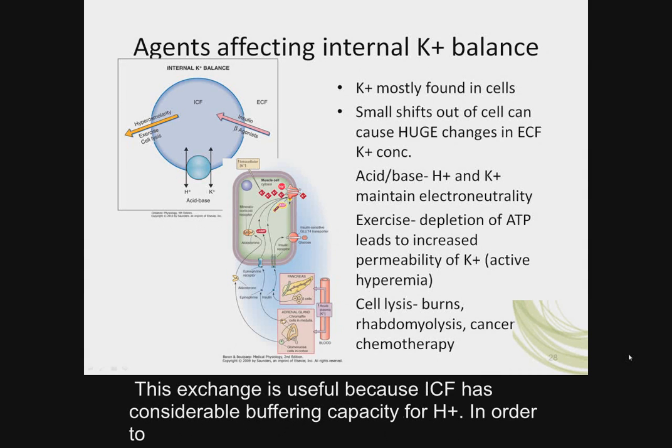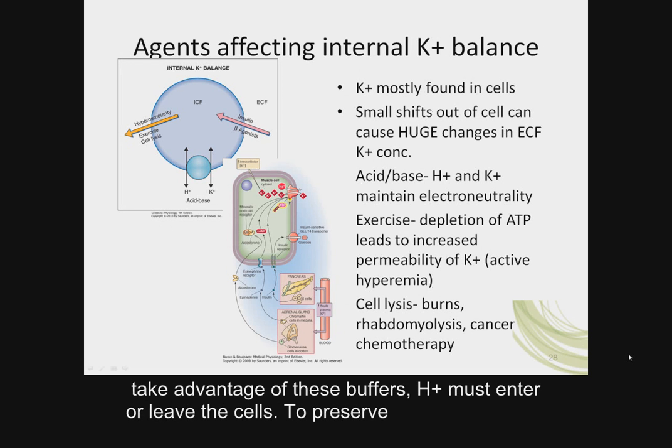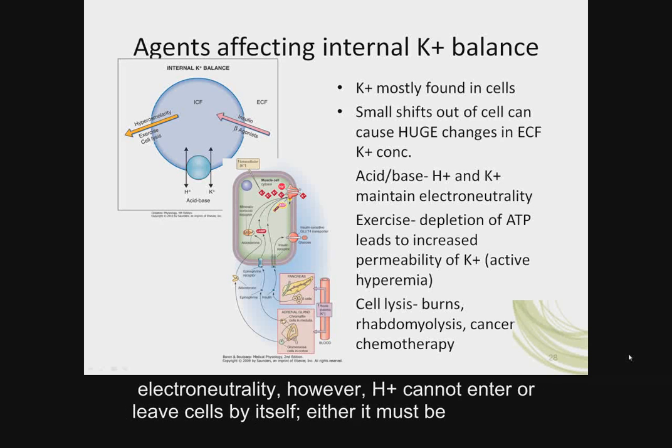In order to take advantage of these buffers, hydrogen must enter or leave the cells. To preserve electroneutrality, however, hydrogen cannot enter or leave cells by itself. Either it must be accompanied by an anion, or it must be exchanged for another cation. When hydrogen is exchanged for another cation, that cation is potassium.